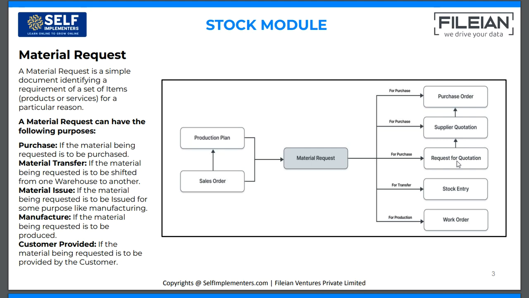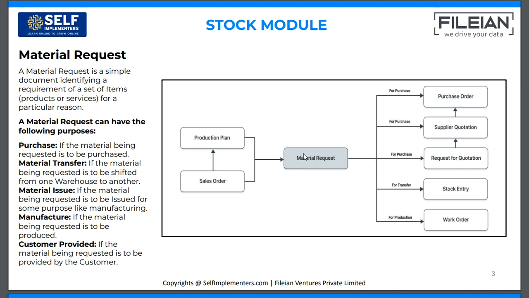Suppose there are multiple suppliers to supply a particular raw material, then in that case we will generate a request for quotation, and that request for quotation gets converted to the supplier quotation, from the supplier who is the lowest in terms of price. Then this supplier quotation gets converted into the purchase order.